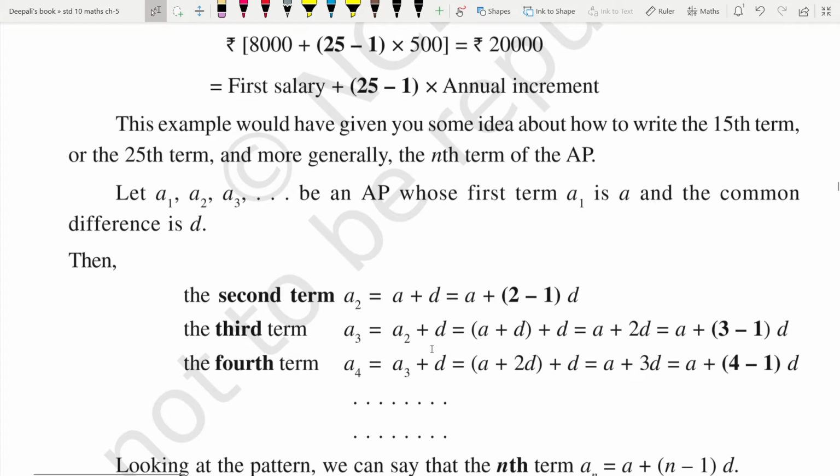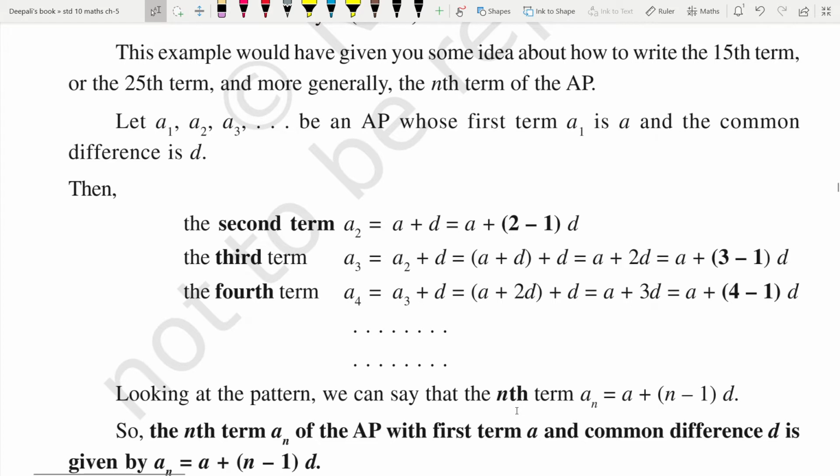A3 is equal to A2 plus D, that is A plus D plus D, that is A plus 2D, which is A plus (3 minus 1)D. In the same way, the fourth term A4 will be A3 plus D, that is A plus 2D plus D, that is A plus 3D, which is A plus (4 minus 1)D.